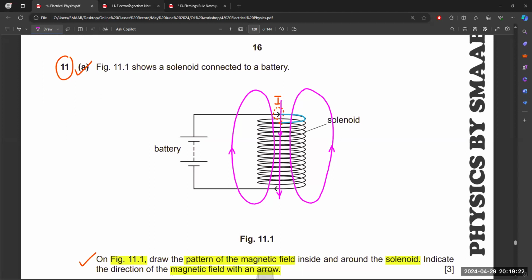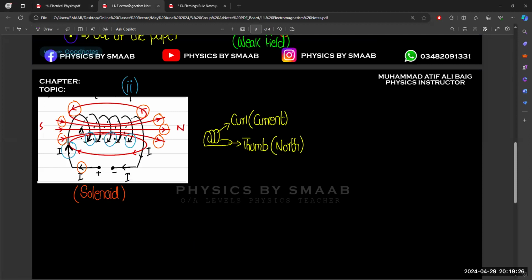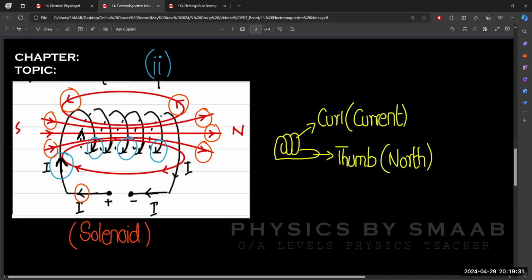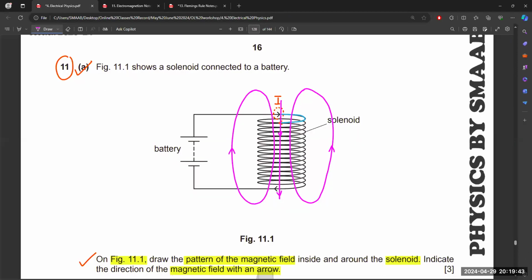It is the same idea we discussed over here. When current is passing, from this diagram you can get the reference of how the direction of the magnetic field is moving. From north, we draw from the center, and you can also mark these two lines which are slightly curved, not completely straight. So we will also make it like this.